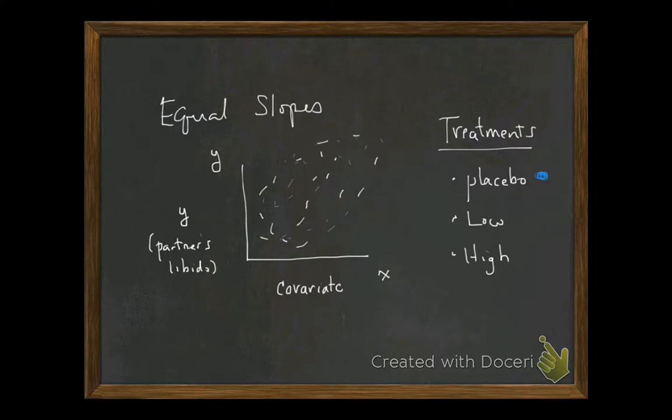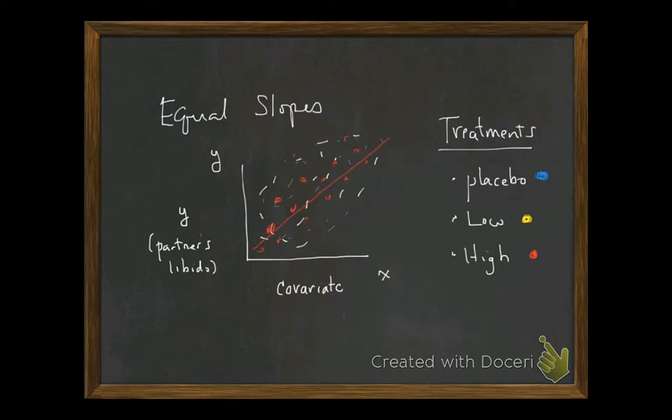And let's go, the low is yellow. And let's go, the high is red. Now, let's say that we come in here and we've got these points. And we fit a line to it. Hope you guys can see that.